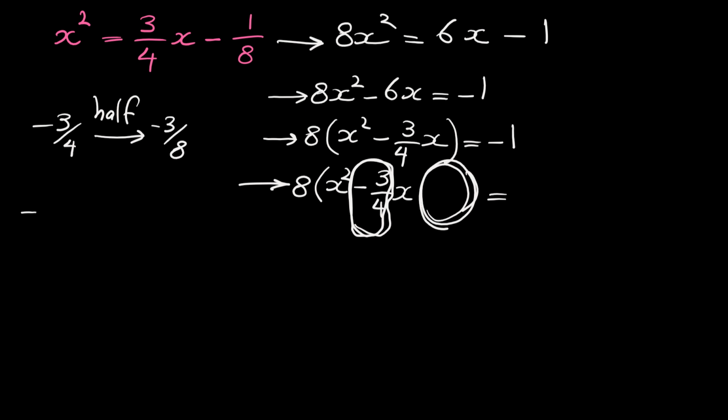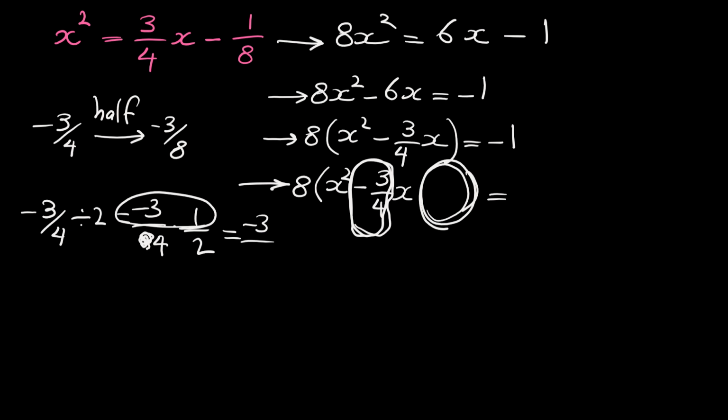The reason is that if you want to find the half of this number, negative 3 over 4, basically it means that you want to divide negative 3 over 4 by 2. This is like negative 3 over 4 times 1/2. Multiply top by top, bottom by bottom, it's negative 3 over 8.